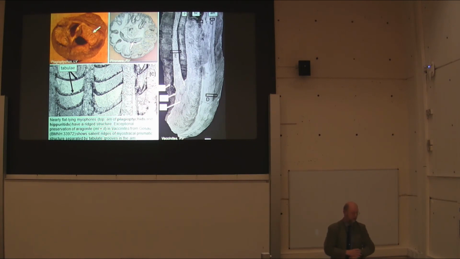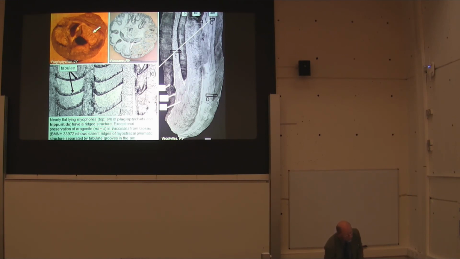Finally, there are a few rudists where it looks, you can see from the white arrows, as if we do have a rather flattish area of muscle insertion. But notice that it's ridged. And on the right-hand side is a lovely specimen of Vaccinites, which Murchison collected from Gosau with aragonite preservation.